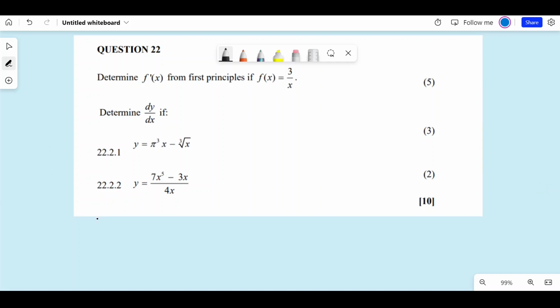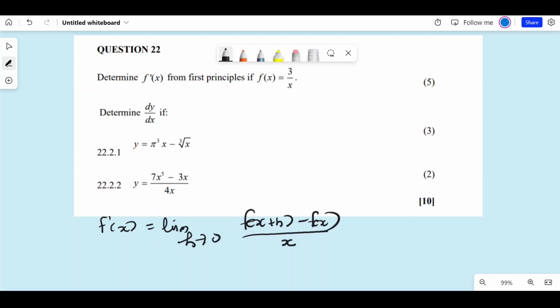I was doing this question to show you how to use the first principles. Here the exam question is: determine f prime x from the first principles. So the first step is to write the formula: f prime x equals limit h tends to 0 of f of x plus h minus f of x over h.